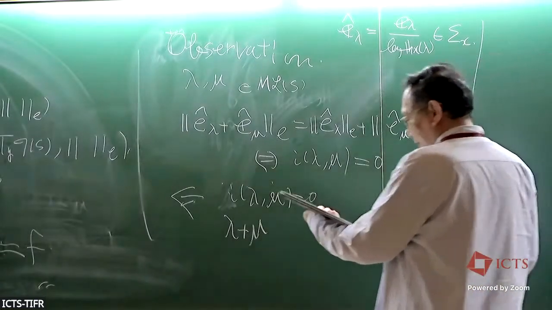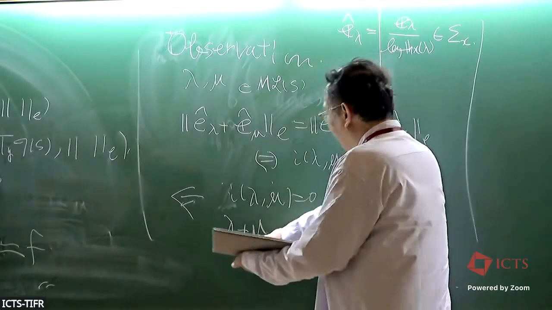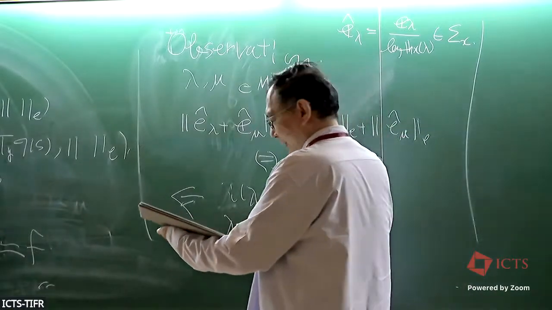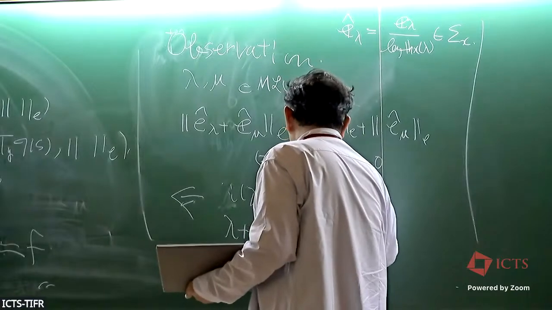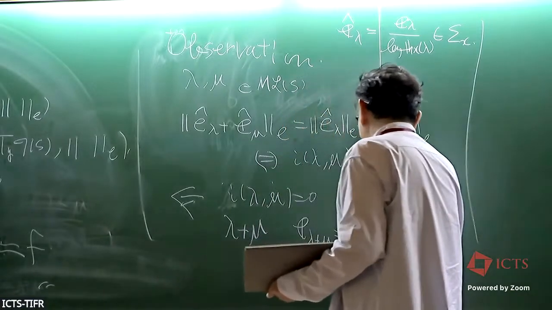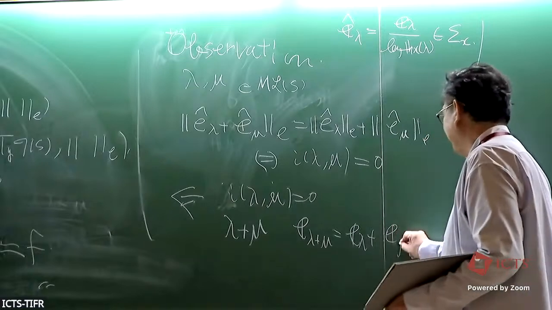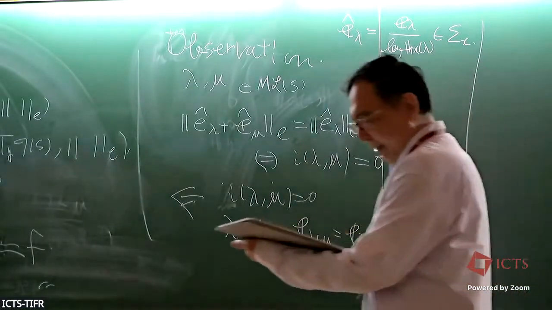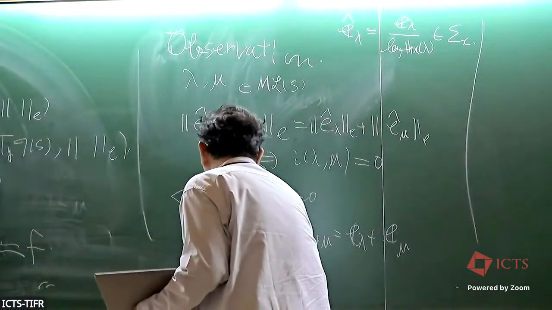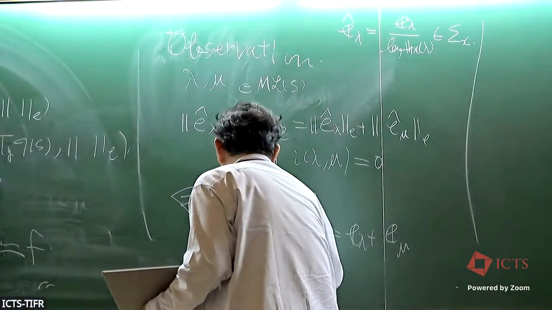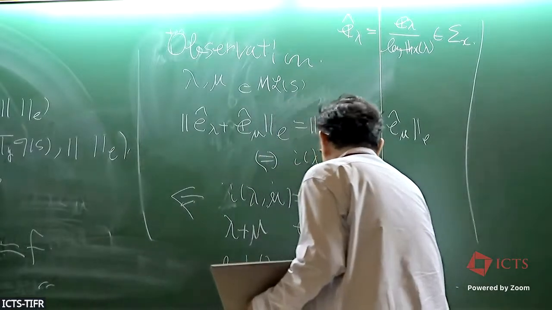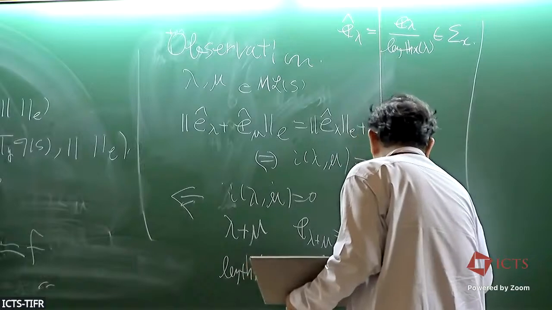Then you can consider the earthquake with respect to that, and the earthquake with respect to that is equal to the earthquake of this one plus the earthquake of this one. Also, we have that the length of this sum is equal to the length of this sum.